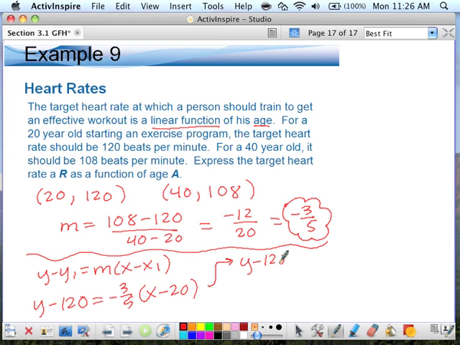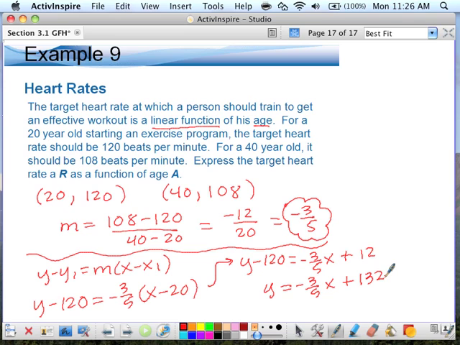And that gives us y minus 120 equals negative 3/5 x plus 12. And finally, y equals negative 3/5 x plus 132.